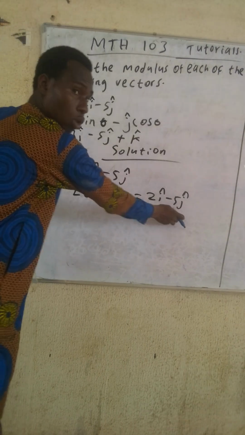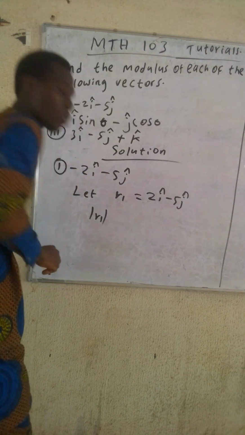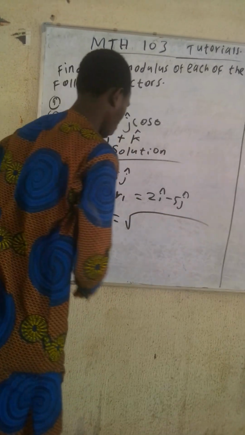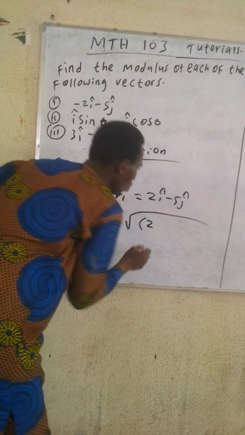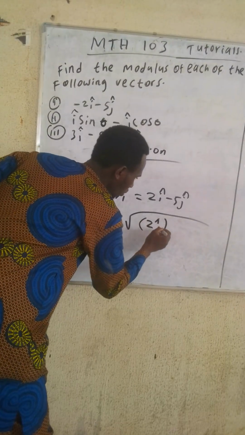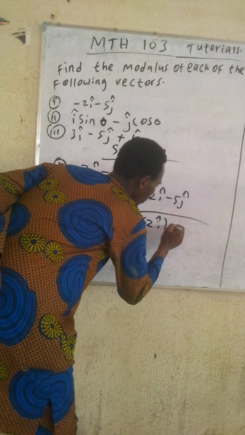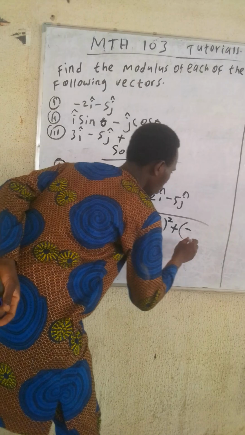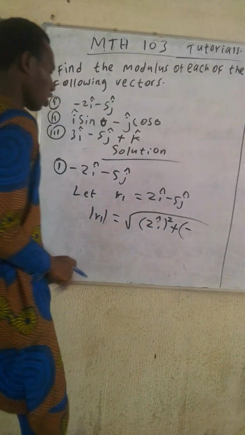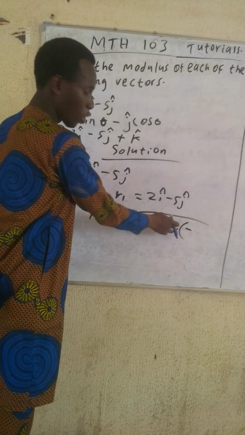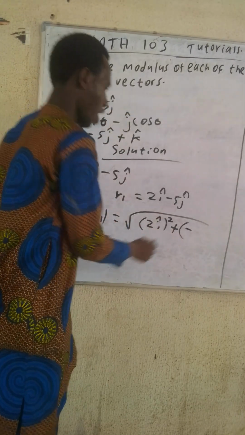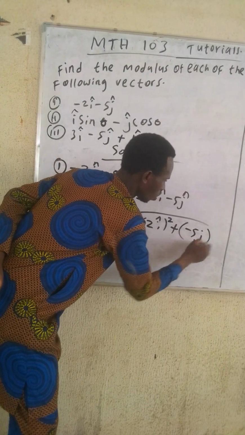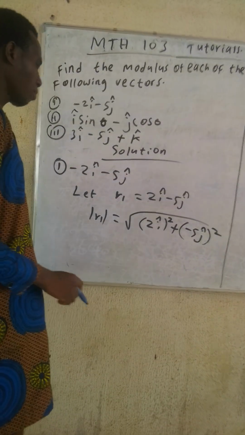This is how we represent modulus, which is equal to the square root of 2i vector, squared, plus minus 5j vector, all squared. Are you getting it?